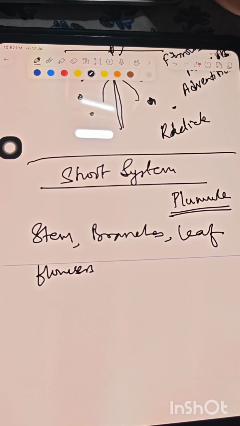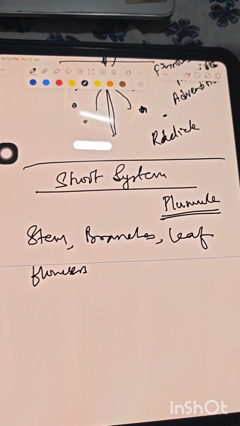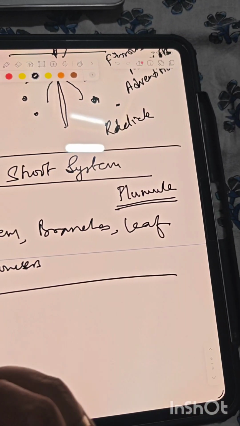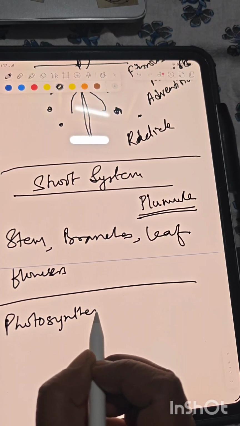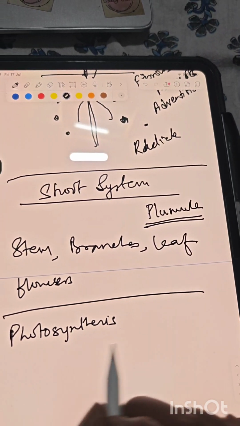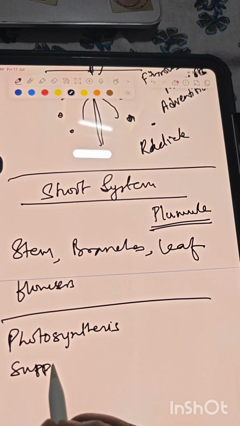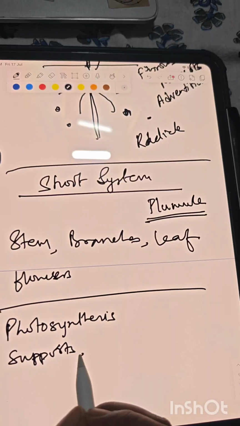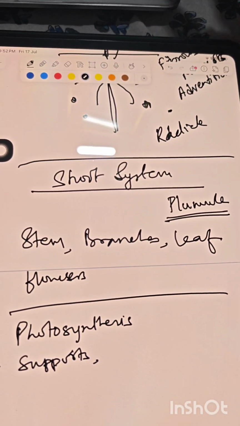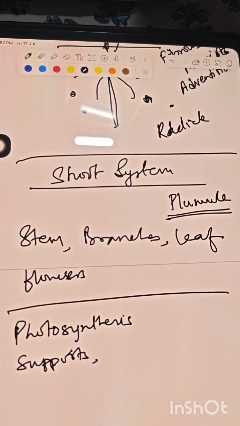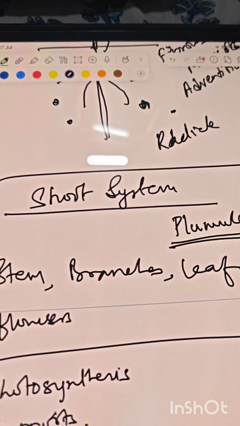The most important function performed by the shoot system is photosynthesis. It supports the whole plant, and helps in transportation, reproduction, storage and protection. There are many basic functions of the shoot system.